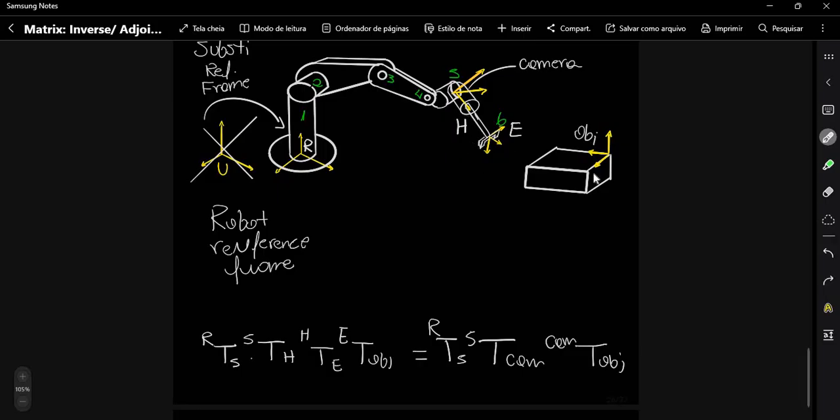So we are writing a transformation of the frame E in relation to the frame H, and a transformation of the object frame in relation to the frame E. So this frame has turned into a reference frame for this frame.